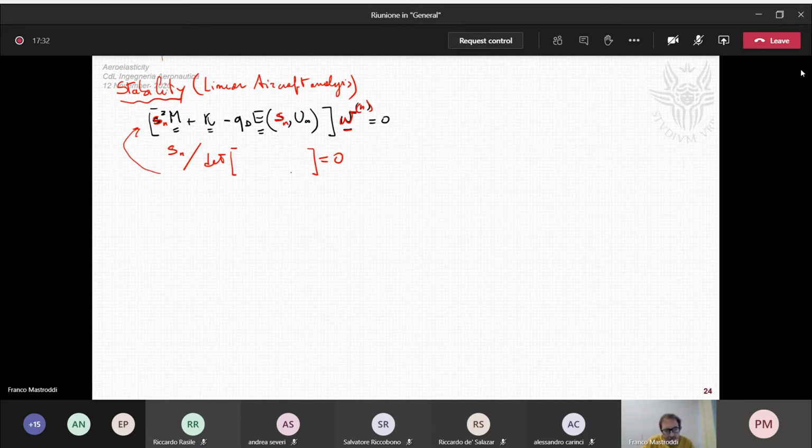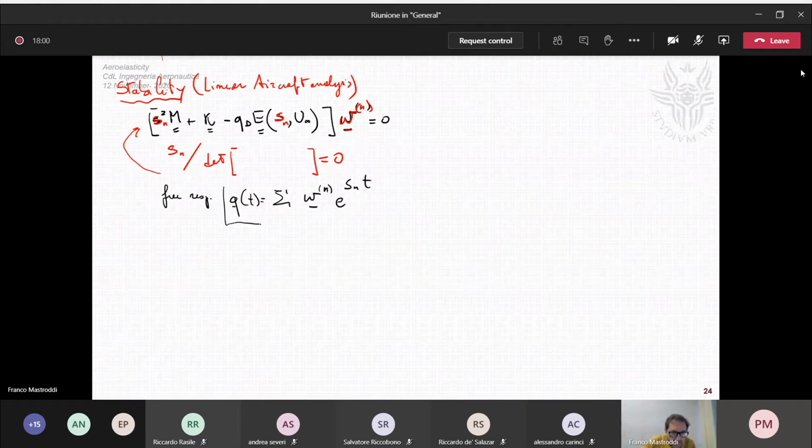I have a suspended point here, in the sense that I have to convince you that the free response of this problem is given by a combination of such eigenvectors multiplied by e to the Sn t, with constants depending on the initial conditions.